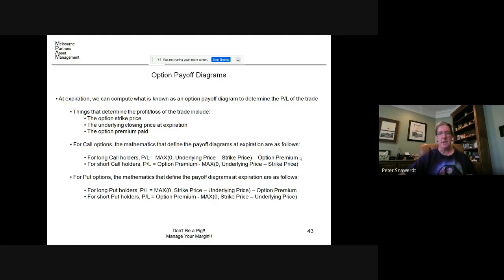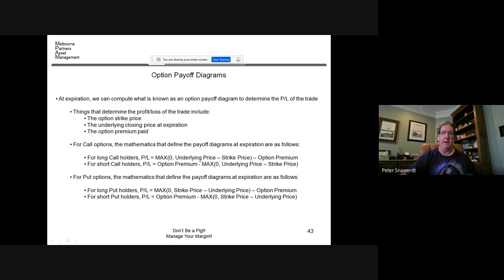Let me give you an example. Let's say we bought a call option for $1 with the strike price being $100, and the underlying closed at expiration at 110.